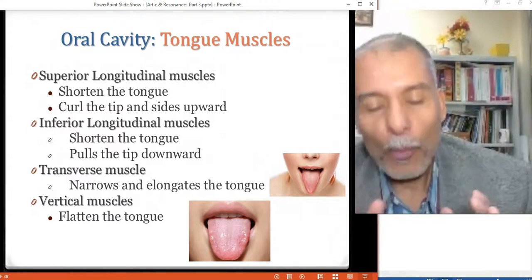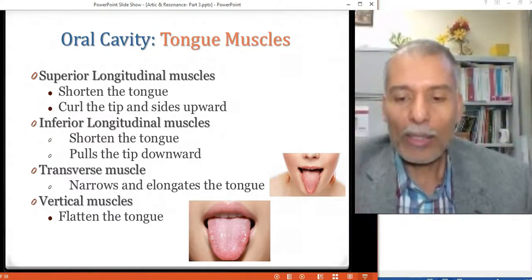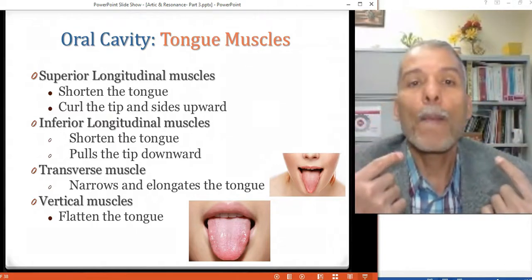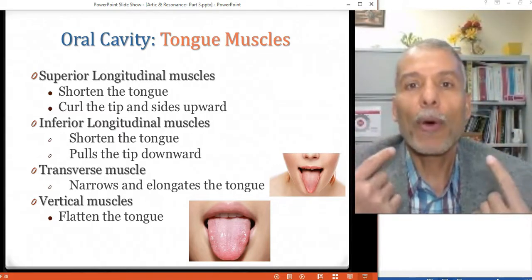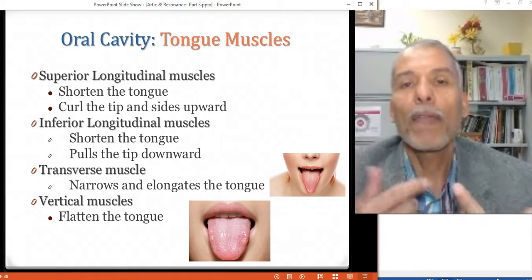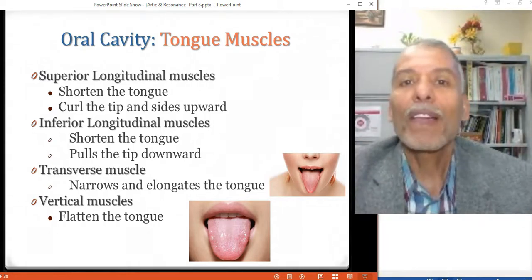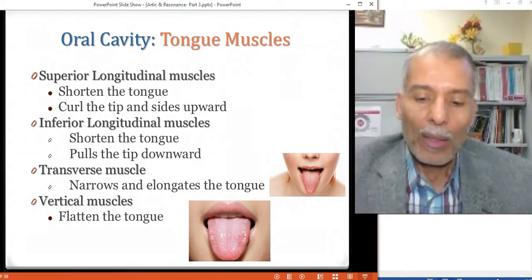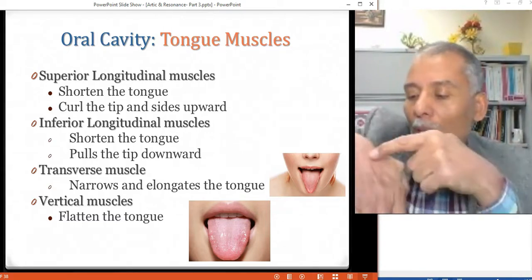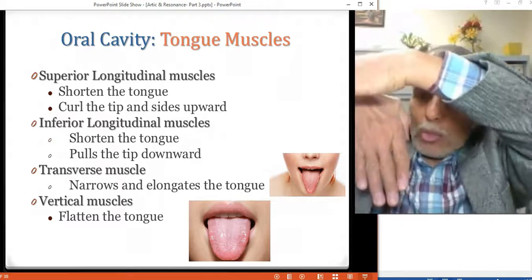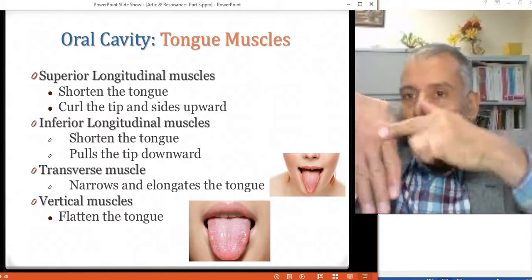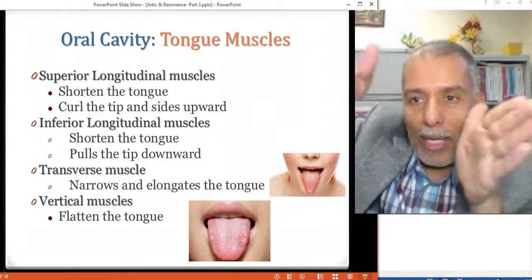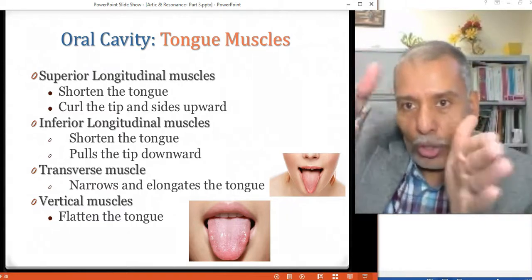It is important that you visualize these muscles, and if you visualize them and think about them, you really wouldn't have to memorize their function, at least. Think about a muscle that goes from side to side. When muscles contract, what do they do? They shorten, they become shorter.